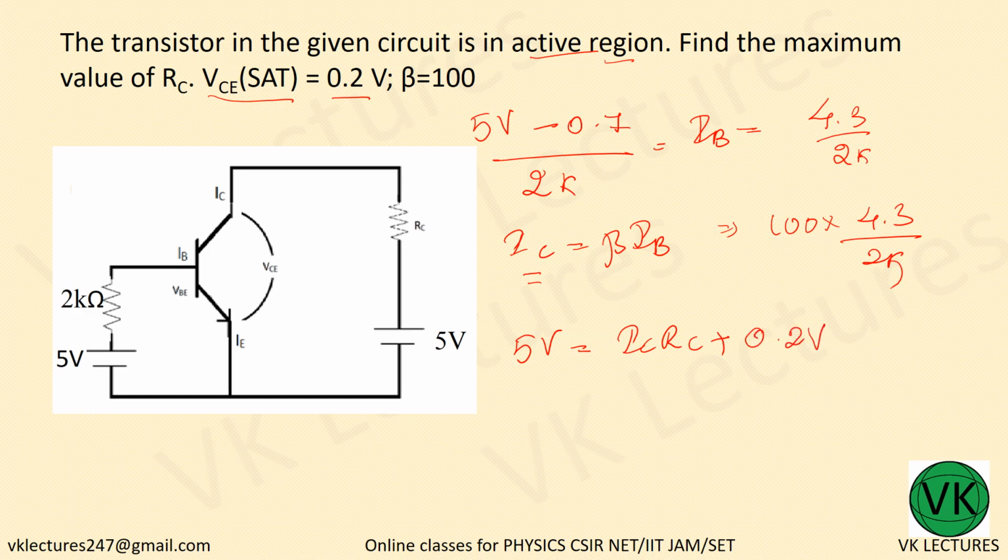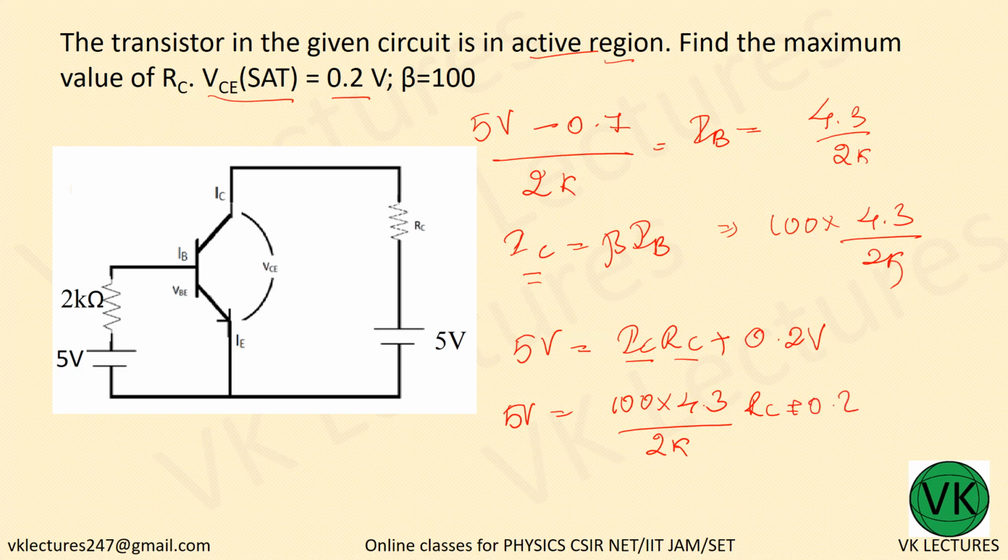So 5 volt is equal to IC into RC. IC is 100 into 4.3 divided by 2k into RC value. RC you don't know, so RC we will keep it as it is, plus 0.2.